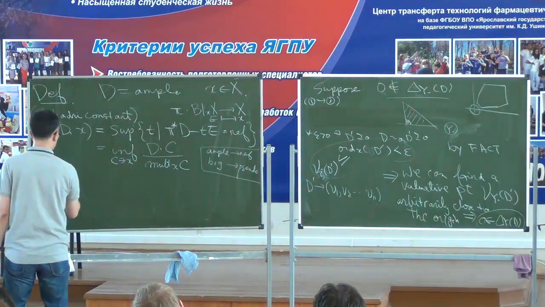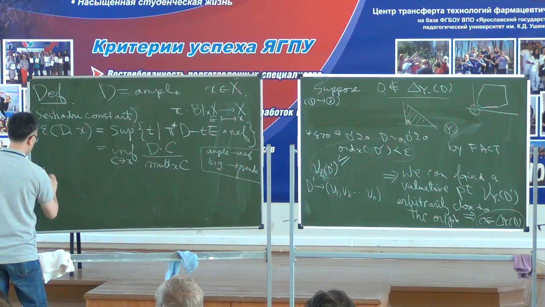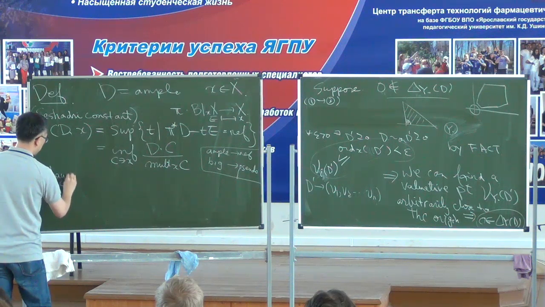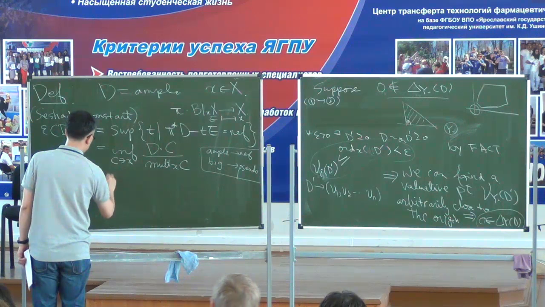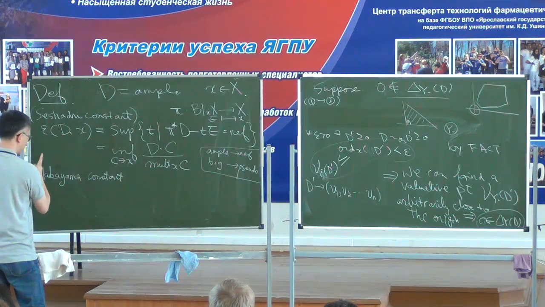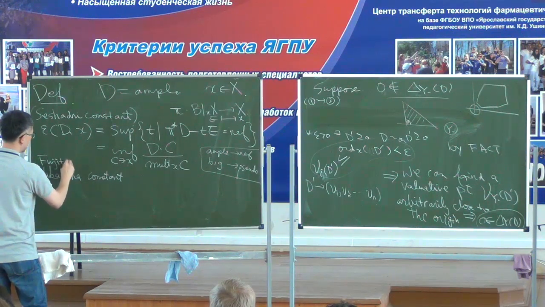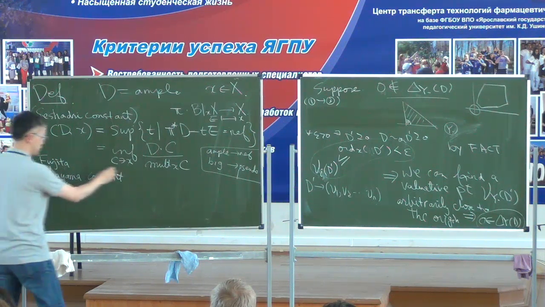This actually doesn't have a fixed name; it has many names. Nakayama constant. Some people call it the Fujita-Nakayama constant. Some people call it a Fujita type constant, or pseudo-effective threshold. It has many names.